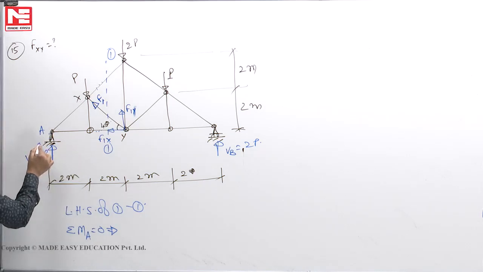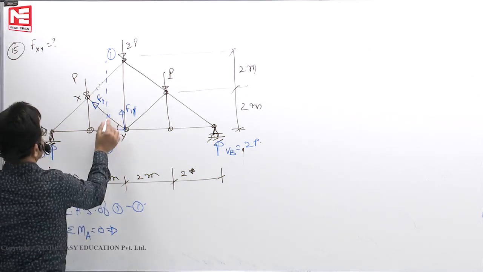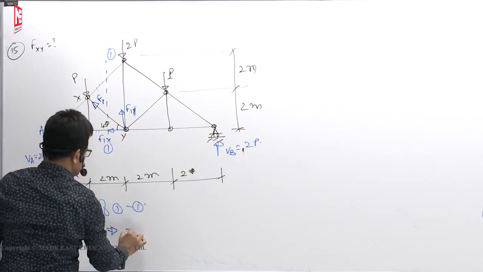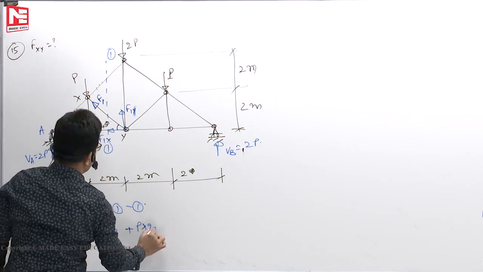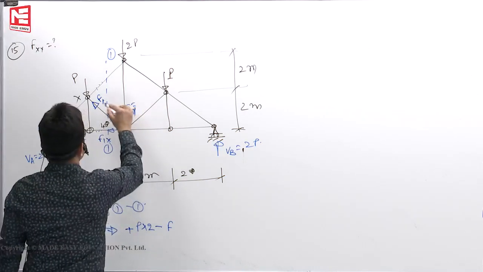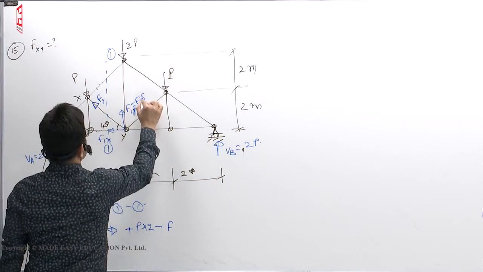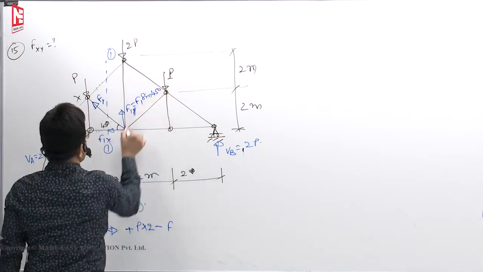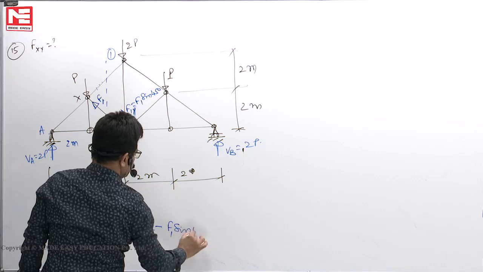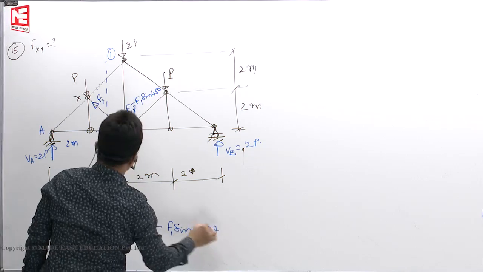F1x will give 0 moment, headache is gone. So plus P in this length is 2 meters, plus P into 2, minus F1y. Only F1y is how much? F1 sin 45, so F1 sin 45 into 4.